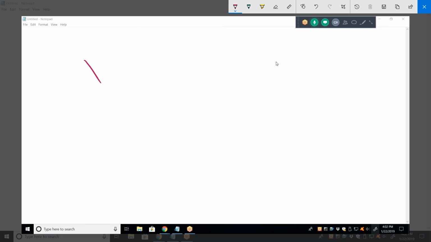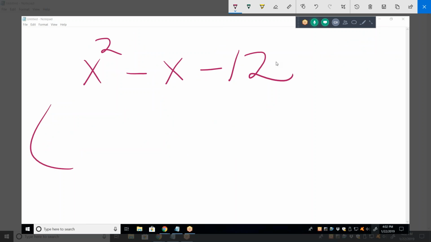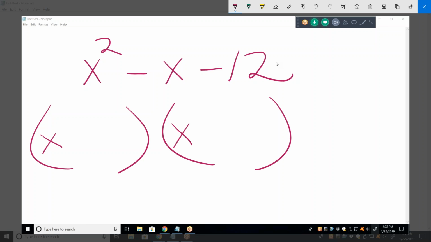Let's work with another one. First step. Separate the x's. Second step. Do the signs. Both of them. What are they? Would it be a plus and a minus?